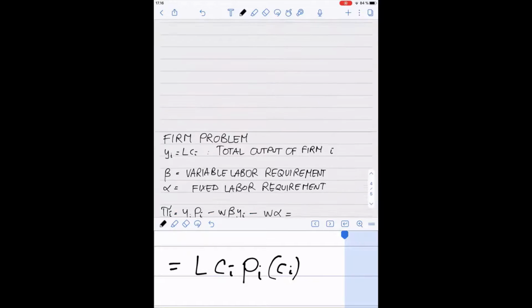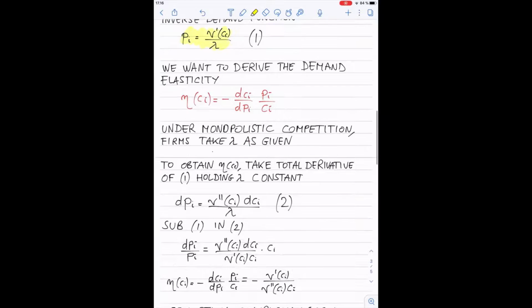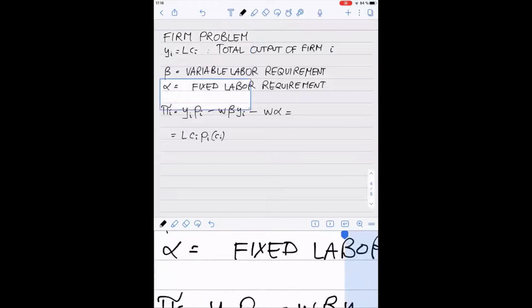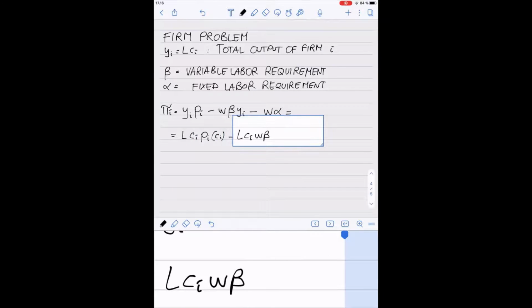Recall that our pricing equation is a function of Ci, and that's the case all the time. Then we have minus L Ci W beta minus W alpha.